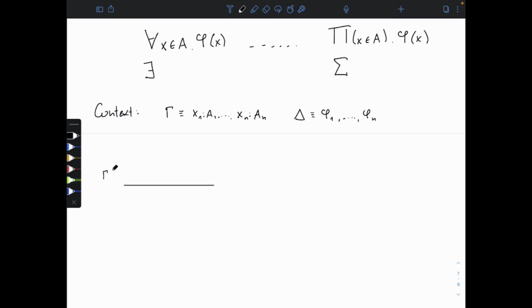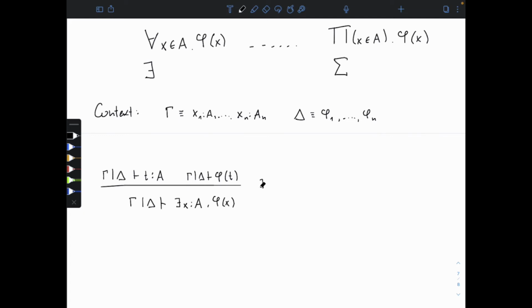And then the rules go like what? If I have these variables and I have these hypotheses, and I have successfully constructed a term T of some type A, and then I prove that this term T satisfies the property phi, then I may conclude that there exists some x of type A such that phi of x holds.